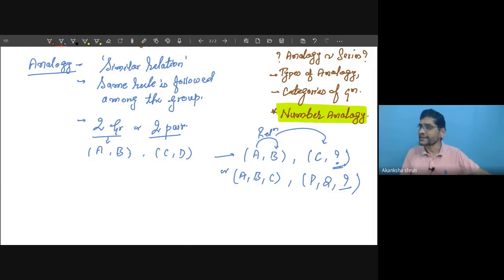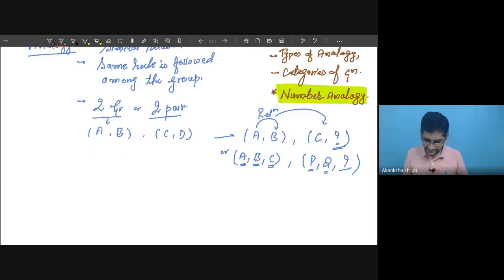This ABC will represent some number, or maybe an alphabet or alphanumeric. I am just representing one of the characters or elements or members that is given. In the first pair and in the second pair, two members are given and the third member is to be calculated. So this is the first way of asking.